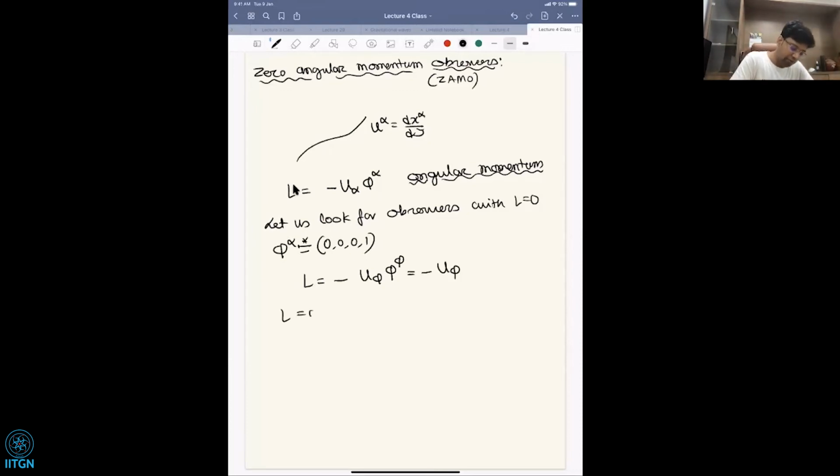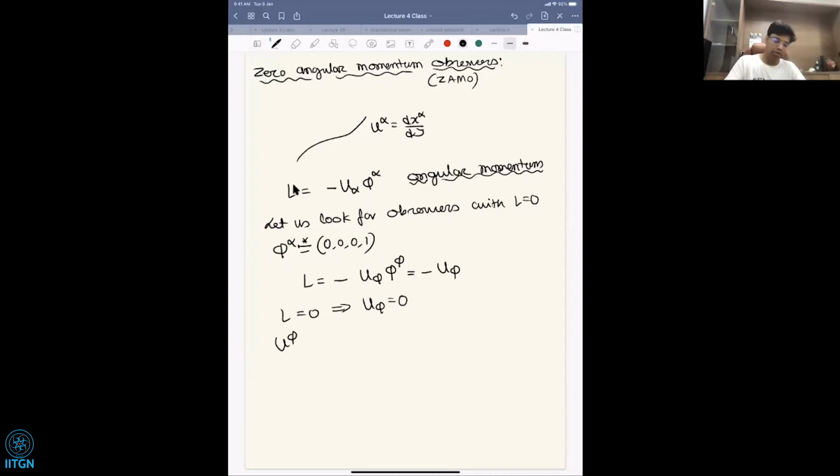So L equal to 0 implies u phi equal to 0. Now that doesn't mean angular velocity is 0. This is the covariant component. So therefore, what you now need is to consider u capital phi.